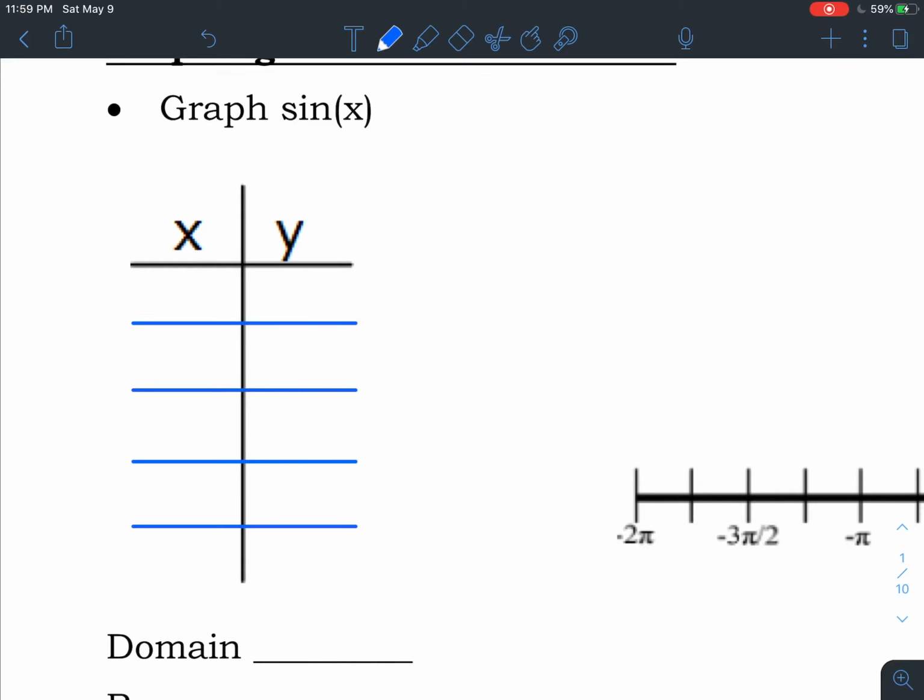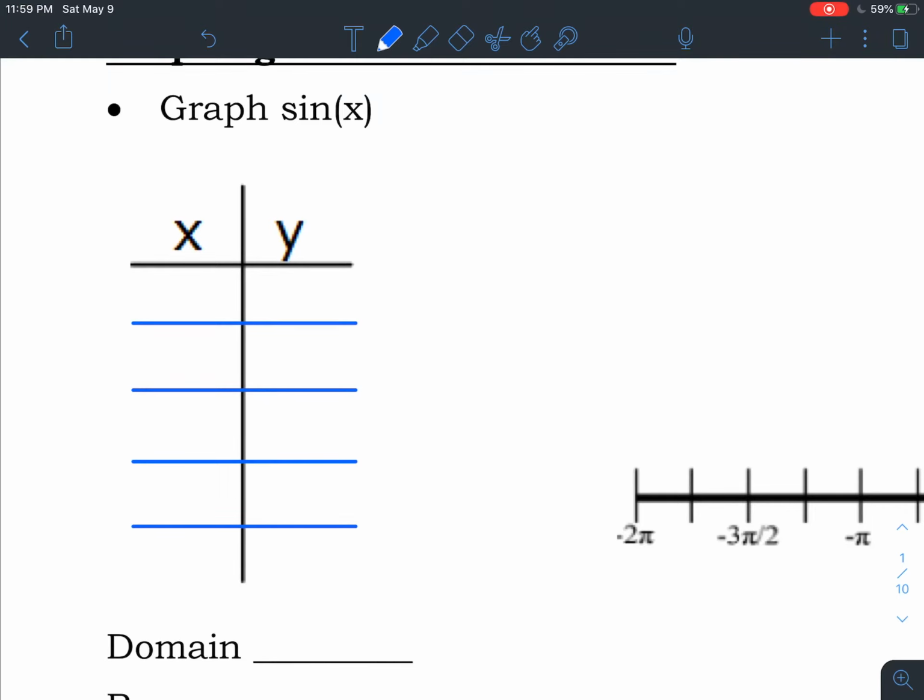I want to pick out angles for my sine value to give me nice answers. And if we can use our unit circle here, we have 5 points in particular that we have angles that will give us a whole number for our sine.